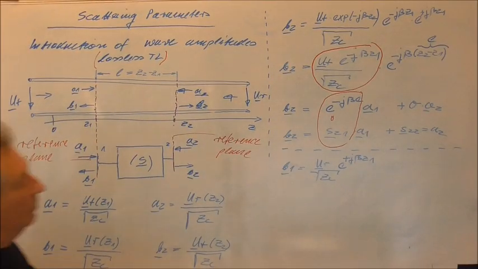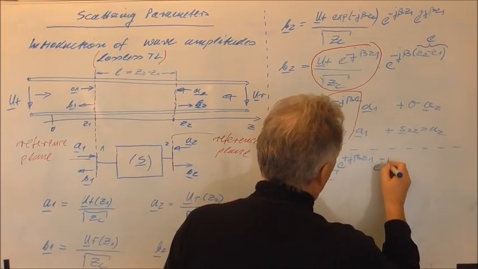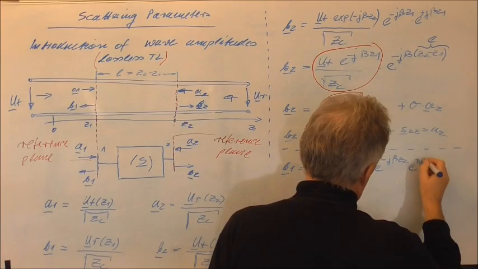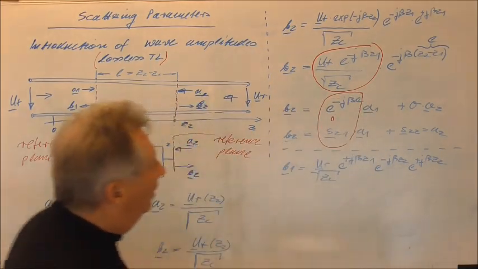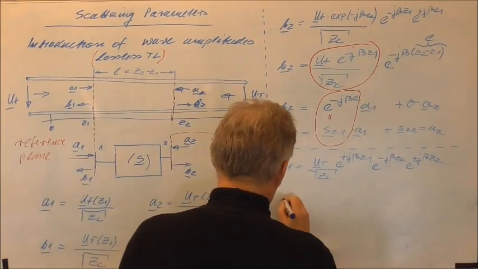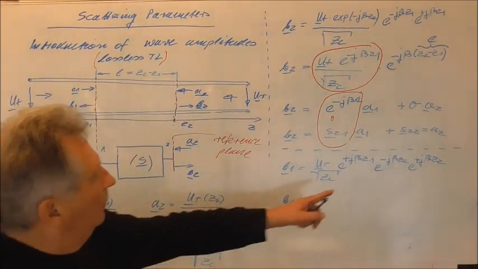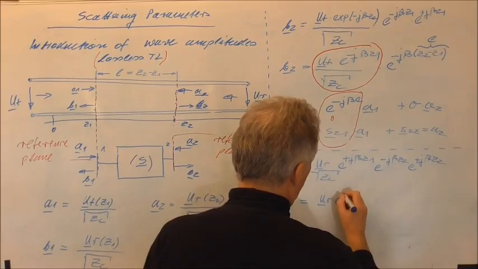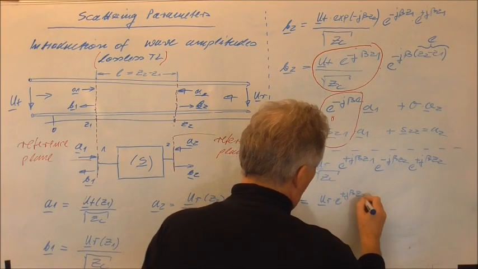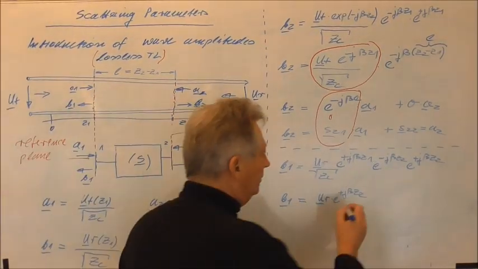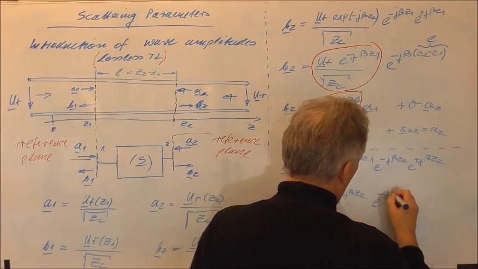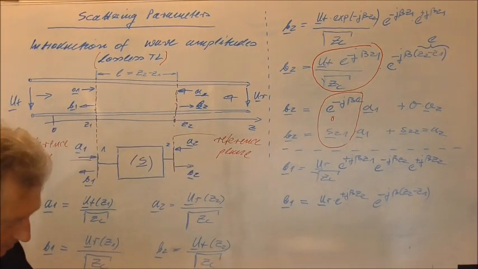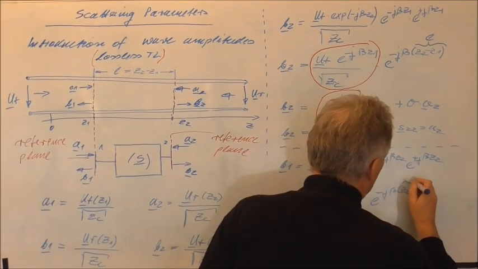And also here we can introduce now the exponential function minus j beta Z2 times plus j beta Z2, and we can now write B1 again like this, UR times the exponential function j beta Z2, and also here the difference occurs, exponential function minus j beta Z2 minus Z1, and also here again the length L appears.